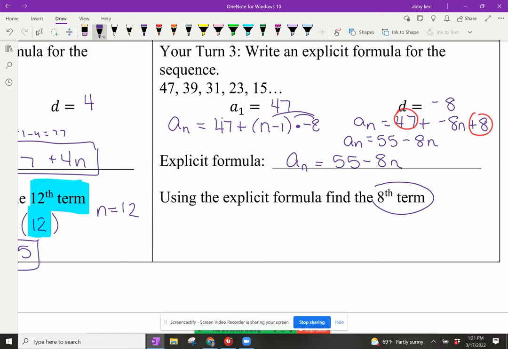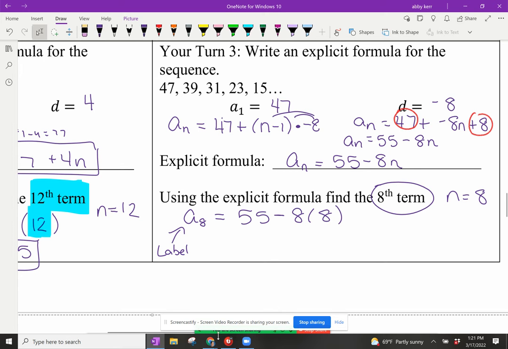So it says use this explicit formula to find the 8th term. So here n is 8. We're just labeling, we're not doing anything with that. And now we're going to start with 55, take away 8, and then times 8.